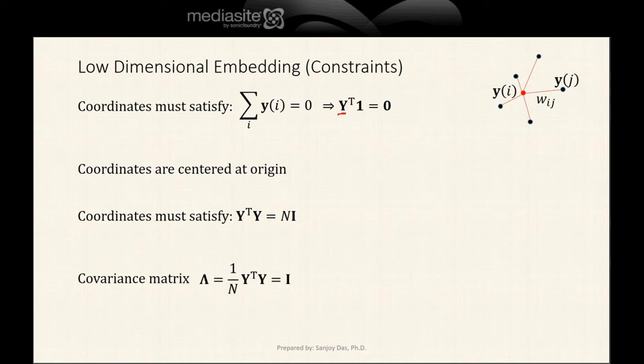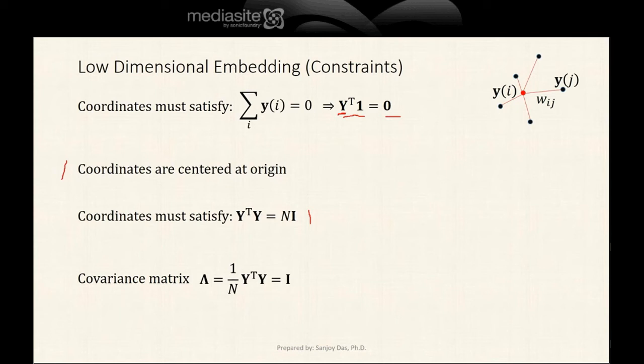So what are the constraints? One, we shall assume that the coordinates are centered at the origin. That's one constraint. In other words, Y transpose 1 should be equal to 0. Then we can also impose this constraint, Y transpose Y equals nI.